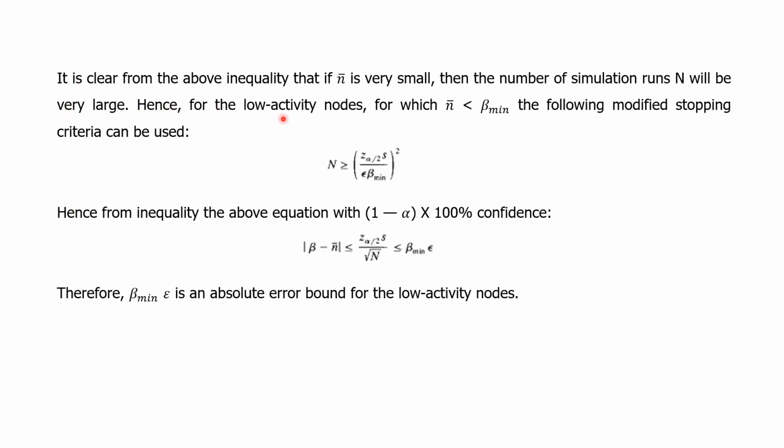Hence, for the low activity nodes for which n bar is less than beta minimum, the following modified stopping criterion is used. From the inequality, the above equation can be written as beta minus n bar is less than or equal to z alpha by 2 S divided by square root of N, which is less than or equal to beta minimum times epsilon. So this is an absolute error bound for low activity nodes.